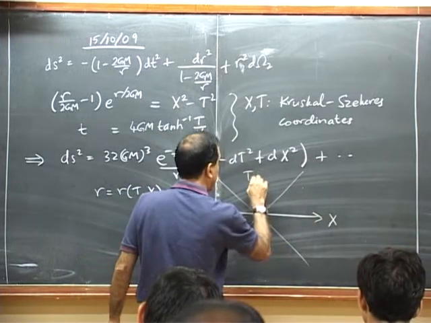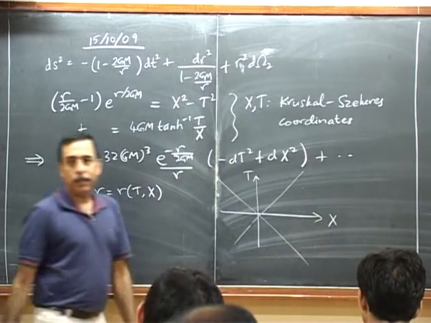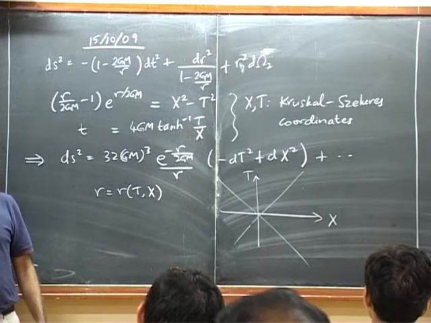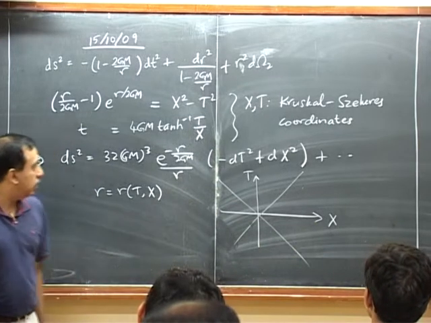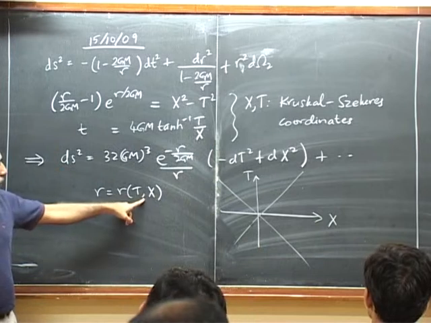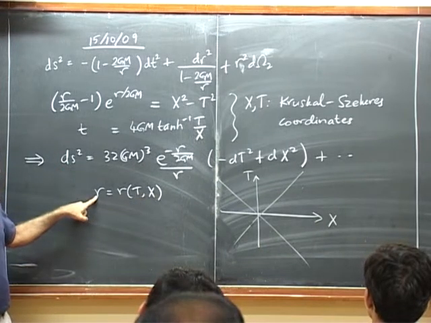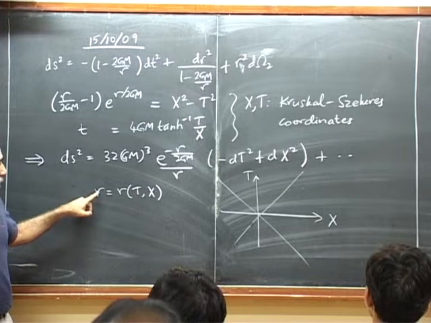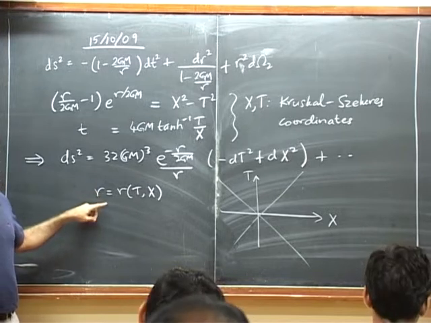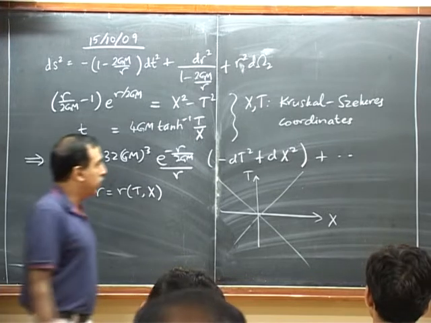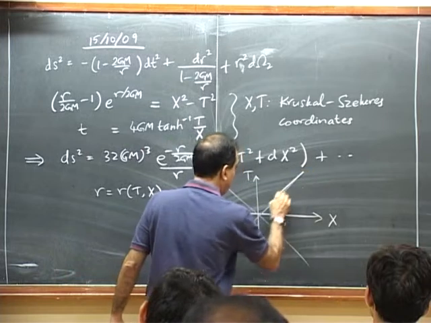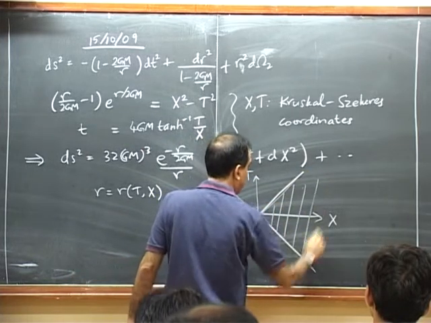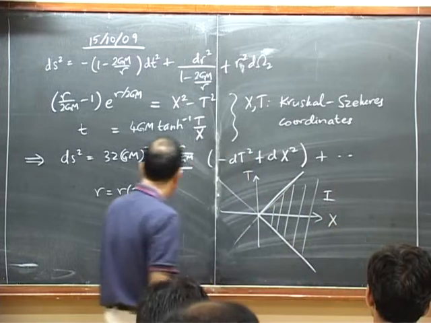what was the outside of r equals 2GM? What was the region outside r equals 2GM in this? That's easy to find out because r is a function of t and x. Set this function to be equal to 2GM, and you'll find a boundary of some region, and the region you find precisely is this one, which popularly goes by the name region 1.